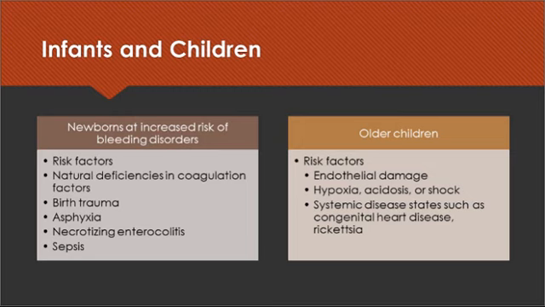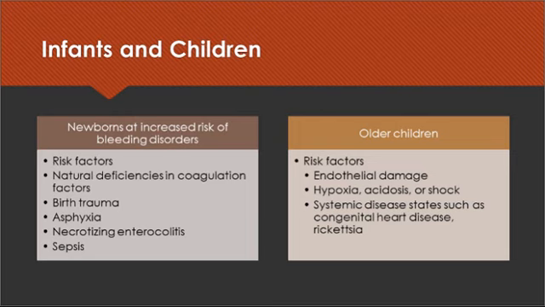So infants and children, newborns have increased risk of bleeding disorders. The risk factors are if they're born with deficiencies in the coagulation factors, a birth trauma, asphyxia, necrotizing enterocolitis, which starts in the gut, and obviously sepsis.